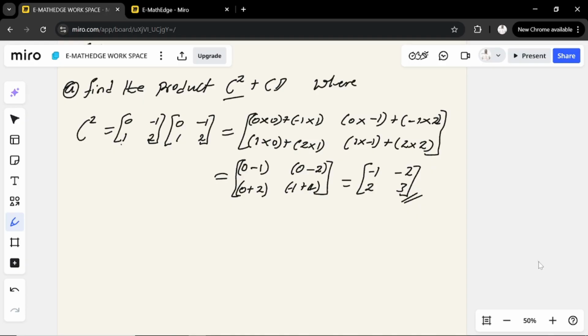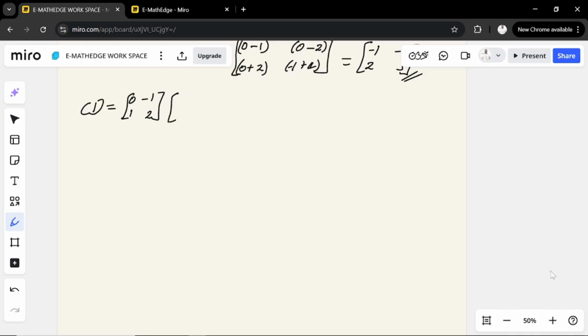So the next thing we are going to do is to obtain CD, so that we are going to add up the two matrices together to obtain our final result for option A. So let's go ahead and do that. CD is going to be, now we have matrix C to be 0, -1, 1, and 2, right? And we have matrix D to be 1, 3, 4, 0.